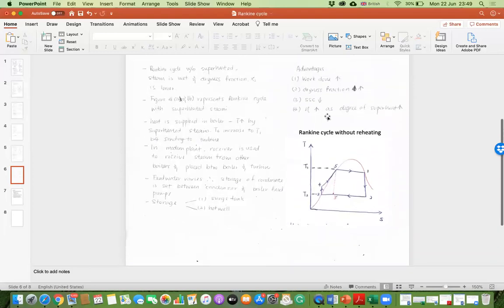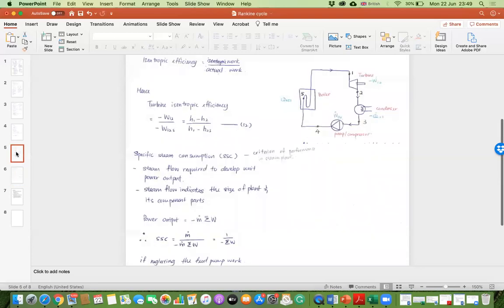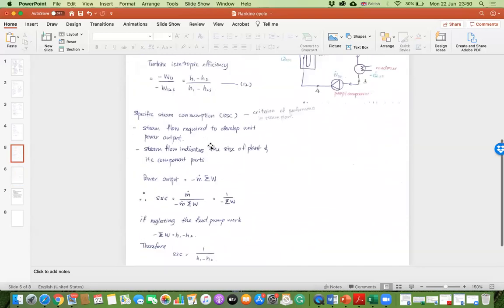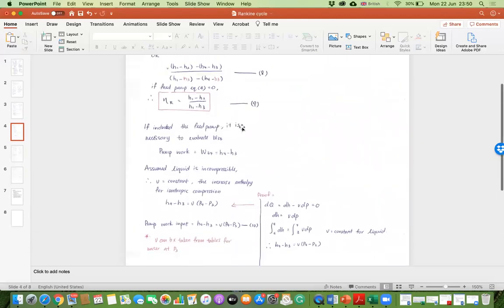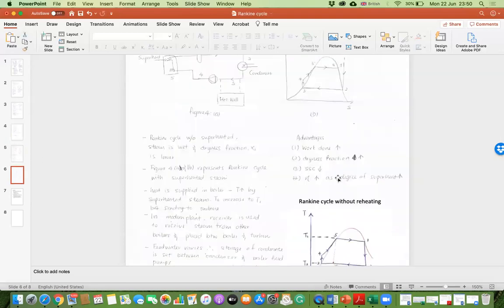The efficiency increases as the degree of superheat increases, all right? So why? If you look at the equation, we have to look at the equation. Where is the equation? I think it is this one. Okay, so when we look at this, degree of superheat.